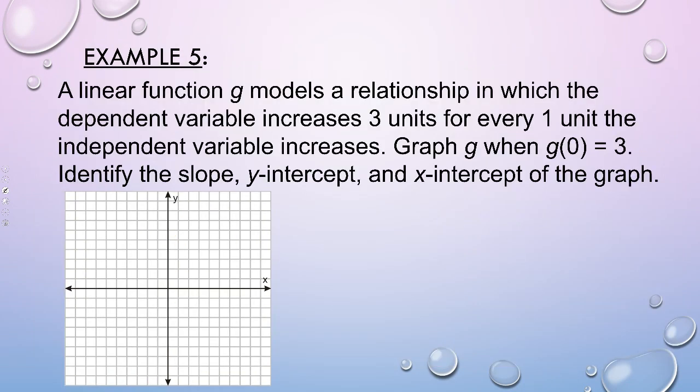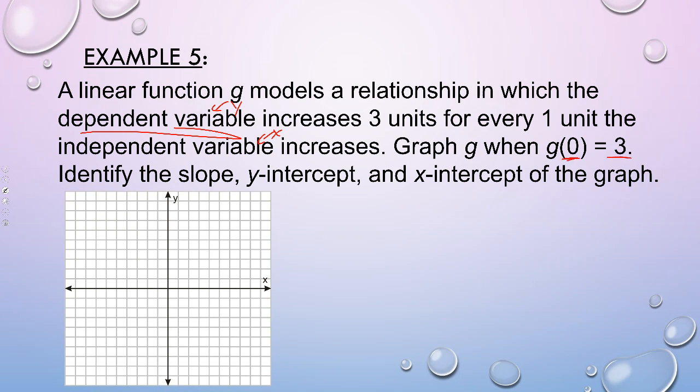Let's go back and look at our last example here. In our last example, it says a linear function g models the relationship in which the dependent variable, remember your dependent variable is your y, increases 3 units for every 1 unit the independent variable, x, increases. Graph g when g(0) = 3, identify the slope and the y-intercept.